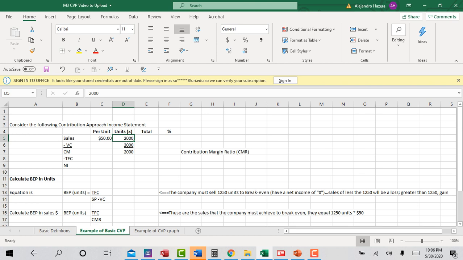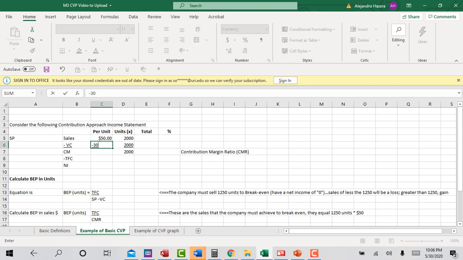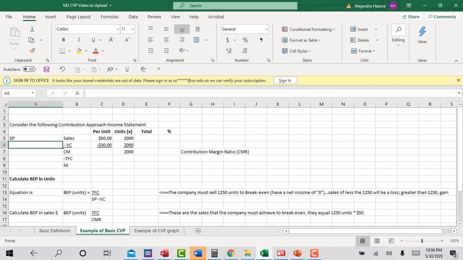That's your X. And by the way, SP is the sales price per unit, not your total sales. Then let's say that your variable costs per unit are $30. So we're going to take away $30 for each unit sold here. There's your variable cost per unit, and that's VC, obviously.